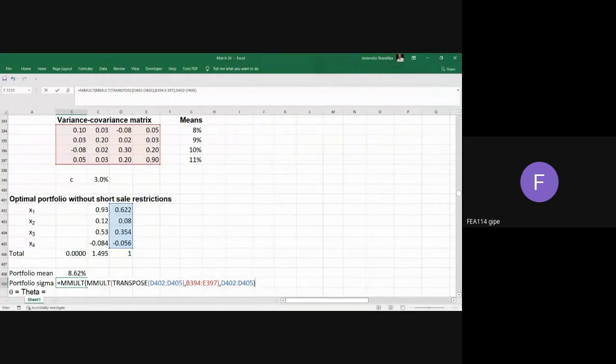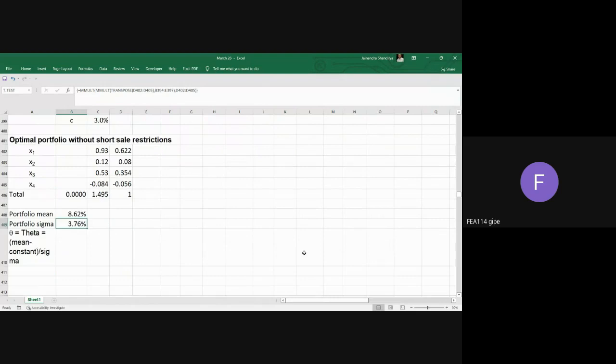So 1, 2, 3 brackets and 3 brackets. Yes, it should give us the result. And so we got the portfolio sigma of 3.76%.